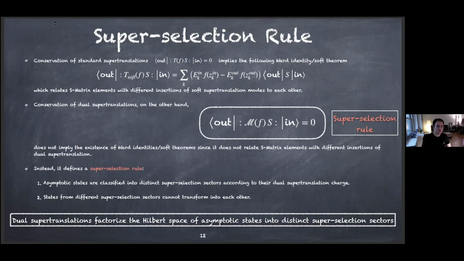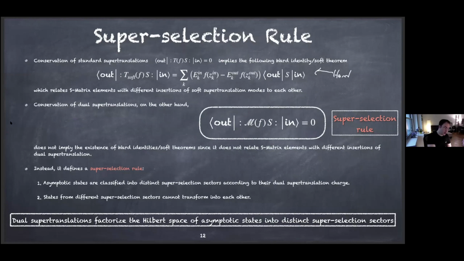The right-hand side in this equation is the contribution of the hard terms, and it provides a relation between the two sides. Now, on the other hand, we have the conservation law of dual supertranslations written here in this big box.